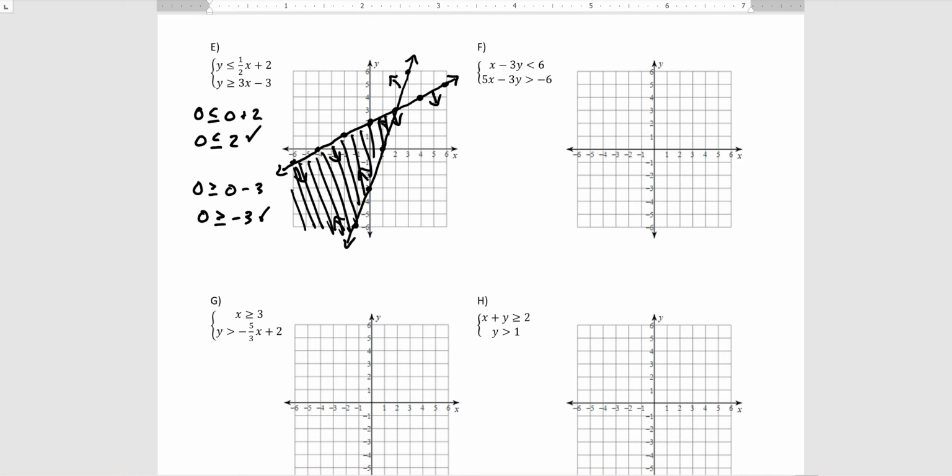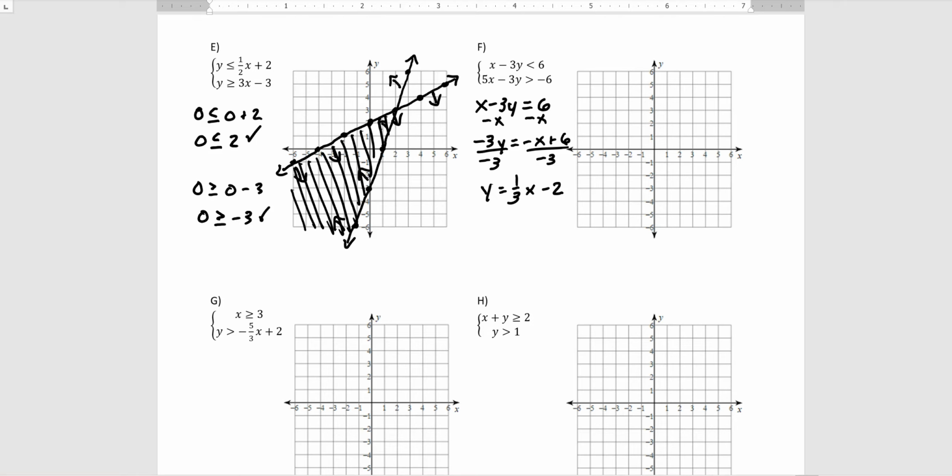All right, let's check in, see how we did with letter F. Now, both of these are in standard form, so hopefully we started by getting them in slope-intercept form. So, start by subtracting the x, so negative 3y equals negative x plus 6, divide by negative 3, and we find that y equals 1/3 x minus 2, right?